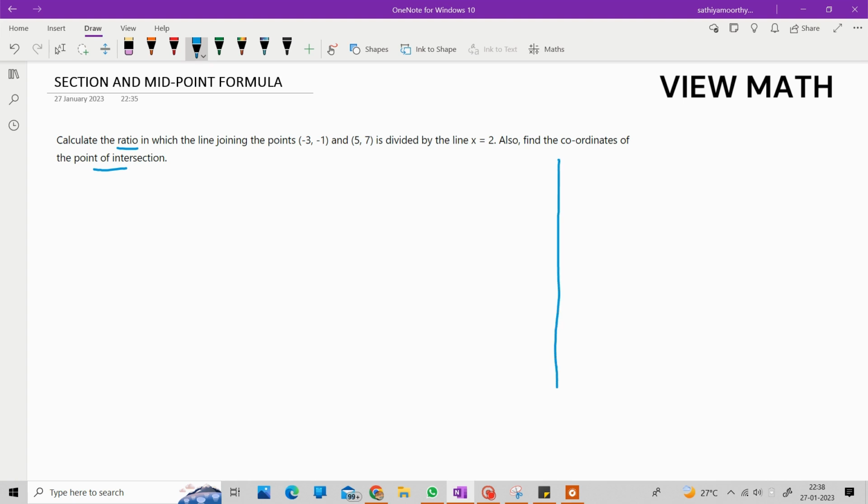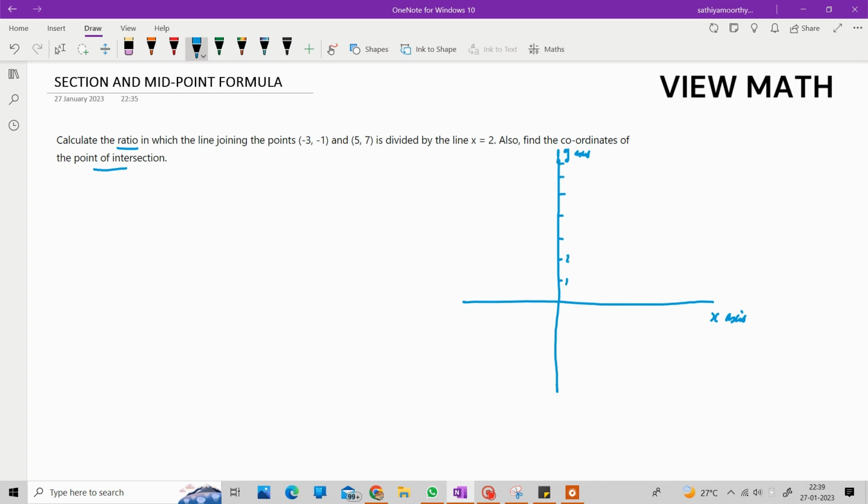So now let me take the x-axis and the y-axis. This is my x-axis and this is my y-axis. Let me plot the points here: 1, 2, 3, 4, 5, 6, 7.